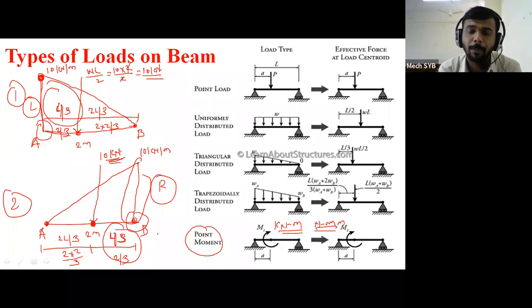Therefore, the effect of couple will be applicable in the bending moment calculation only. So these are the total 4 types of loads which we have to use in our further calculation of SF and BM for all the types of beams.